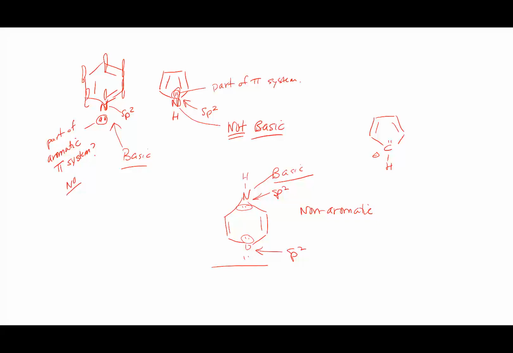The carbon is going to be sp2 hybridized. That's going to make those lone pairs go into the p orbital, and that's going to give you 6 pi electrons, which is going to make it aromatic. So that's an aromatic anion.